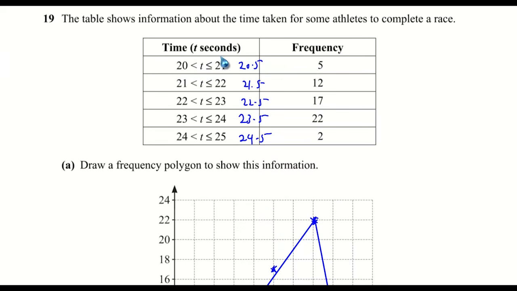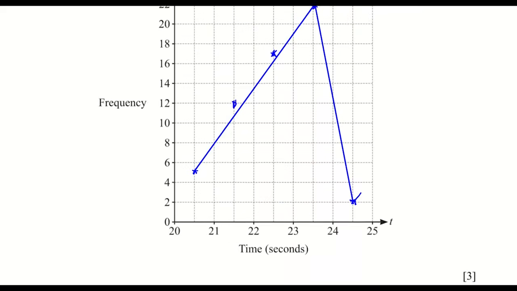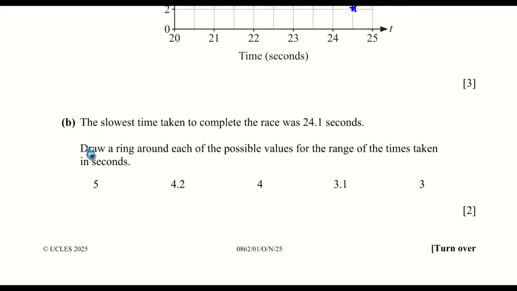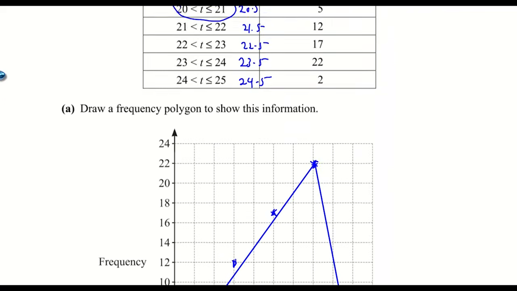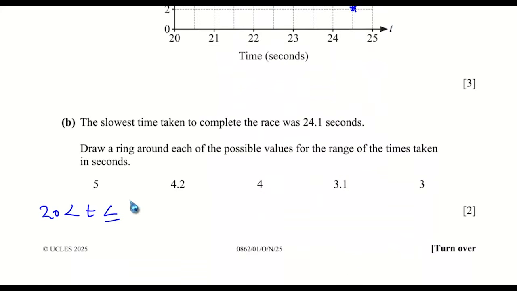So we need to take the smallest from this interval, that is between 20 less than t and t less than or equal to 21. Mind you, 20 is not part of the data here because 20 is less than t.